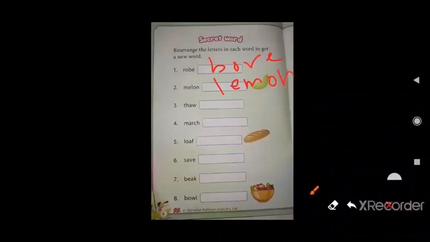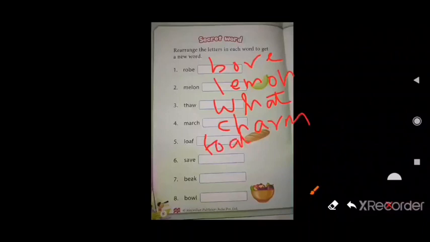Third one, what? Fourth one, charm. Fifth one, foal.